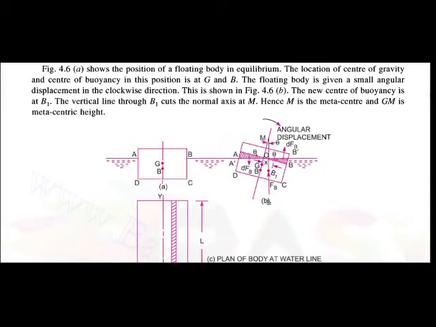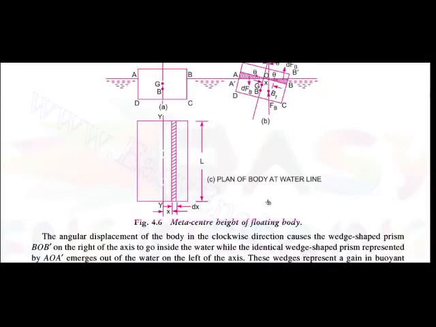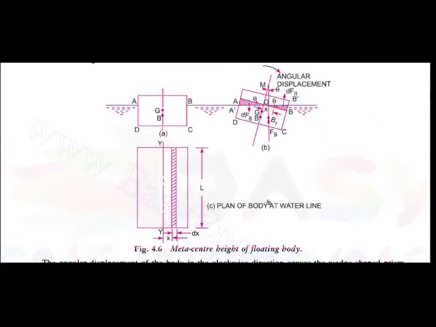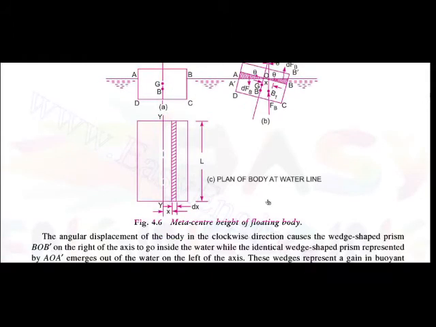Okay, for this consider the angular displacement of the body in the clockwise direction. It causes a wedge shaped prism; here in the figure you can see a wedge shaped prism BOB dash.